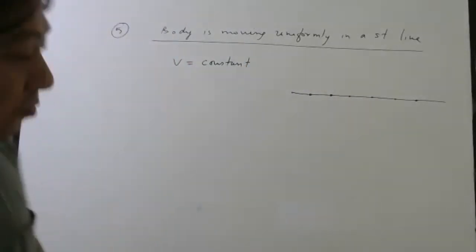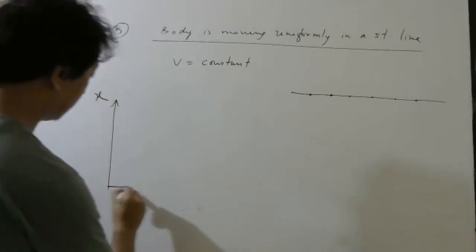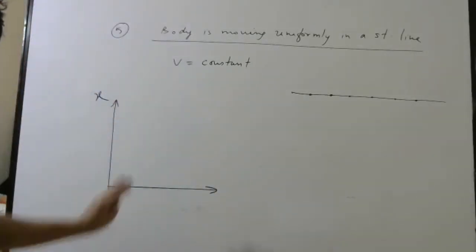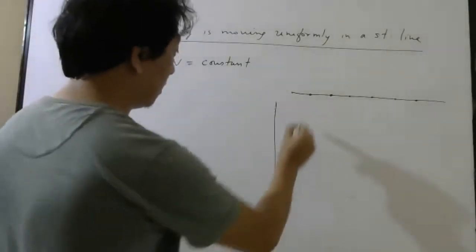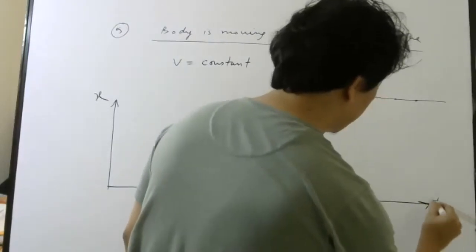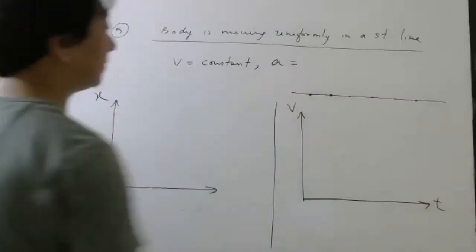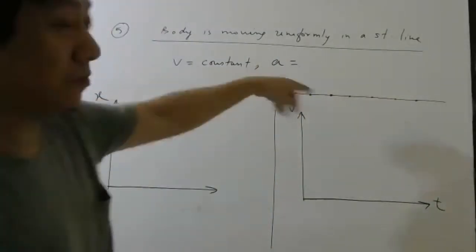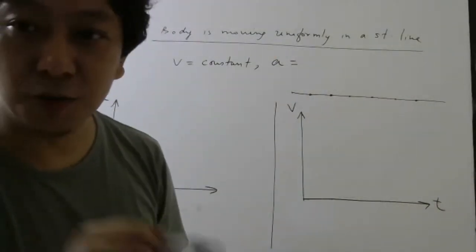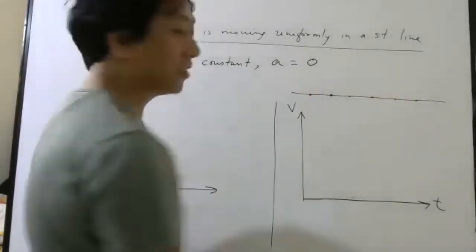So how will the graph look? Now be careful. Here I will draw the x-t graph. Here we will draw the v-t graph. By the way, if velocity is constant, what is acceleration? V and u are the same. Initial velocity and final velocity are the same. So acceleration will be 0.